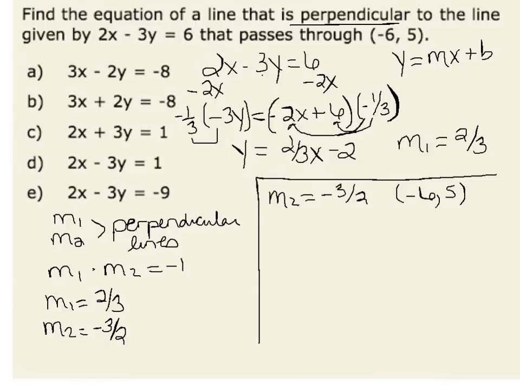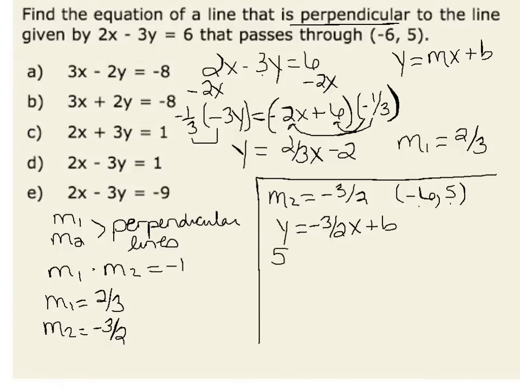To do this, we are going to use the slope-intercept form y equal to mx plus b, where m is equal to negative 3/2. We want to solve for b, therefore we're going to substitute in x equal to negative 6 and y equal to 5 in order to find the value of b.